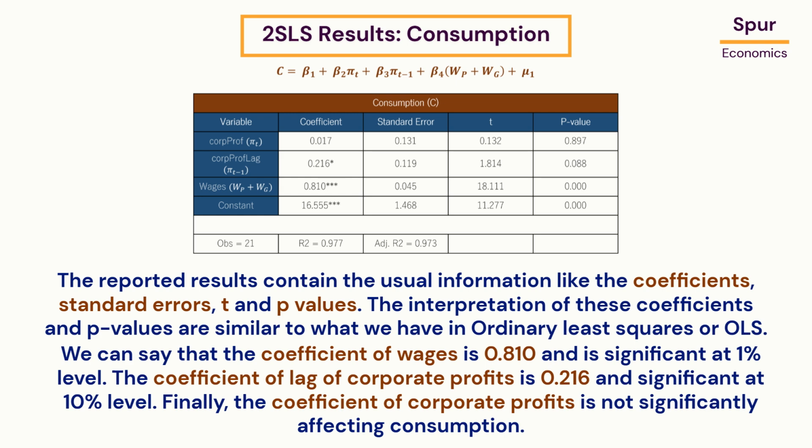We can say that the coefficient of wages is 0.810 and is significant at 1% level. The coefficient of lag of corporate profits is 0.216 and significant at 10% level. Finally, the coefficient of corporate profits is not significantly affecting consumption.